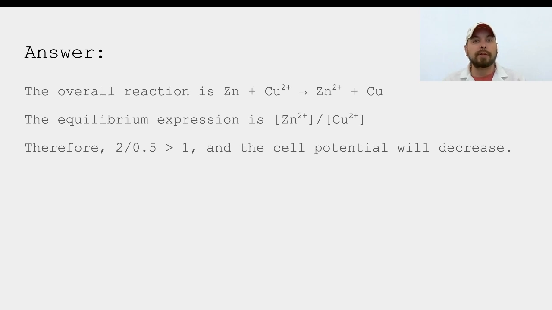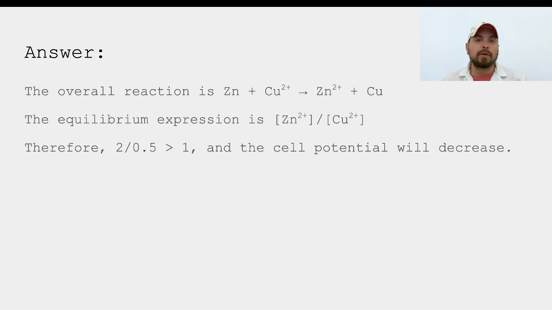That means my Q value is equal to 4. 4 is greater than 1, which means the natural log of 4 is going to be a positive number. So I'm subtracting a positive number from my standard voltage. Therefore, my voltage is going to be smaller at these conditions than it would have been at standard conditions.